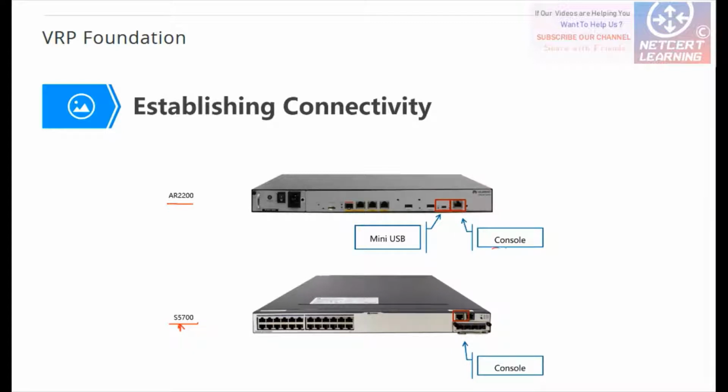Usually we use the console port. But some devices, such as this AR router, also provide another connection, the mini USB interface. You can also use mini USB to connect to this router and then configure it.